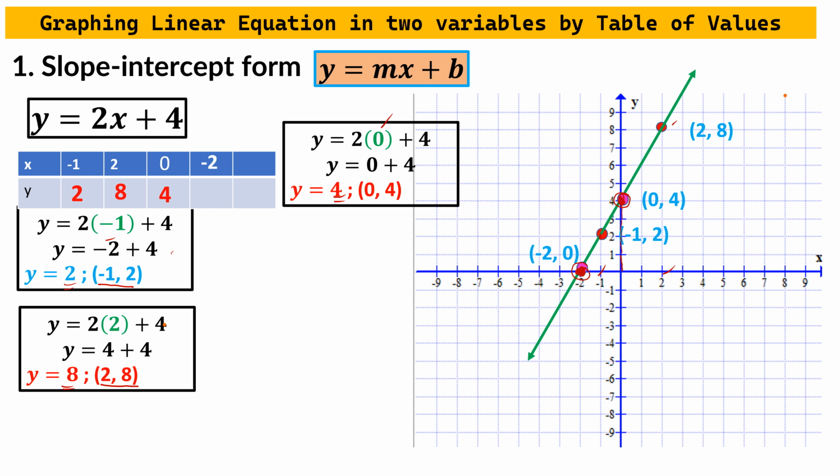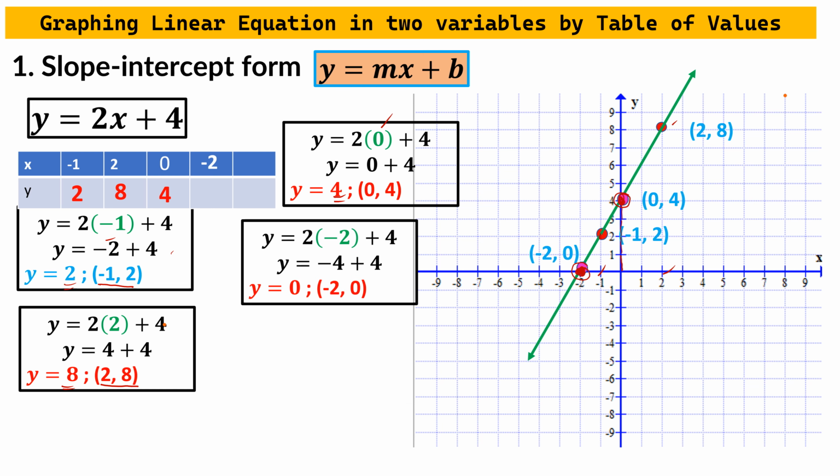Let us try to use the equation. Y is equal to 2 times negative 2 plus 4. Remember that x in here is negative 2. We're able to substitute it to the x in the equation. Thus, y is equal to negative 4 plus 4, then y is equal to 0. So, we have the point negative 2 and then 0. So, it is still on the line.